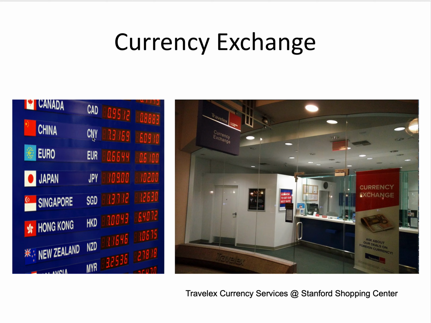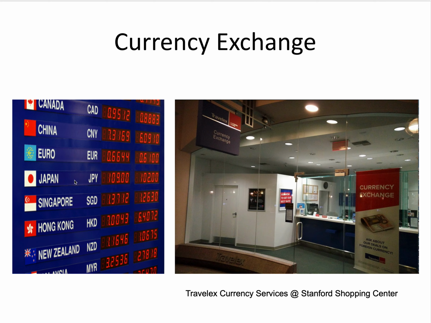SGD is Singapore dollars. Hong Kong dollar is called HKD. NZD is New Zealand dollars. The last one, MYR. Guess what currency that is? Malaysian ringgit. I think this is probably from the San Francisco area. You have a lot of Southeast Asian people coming here.